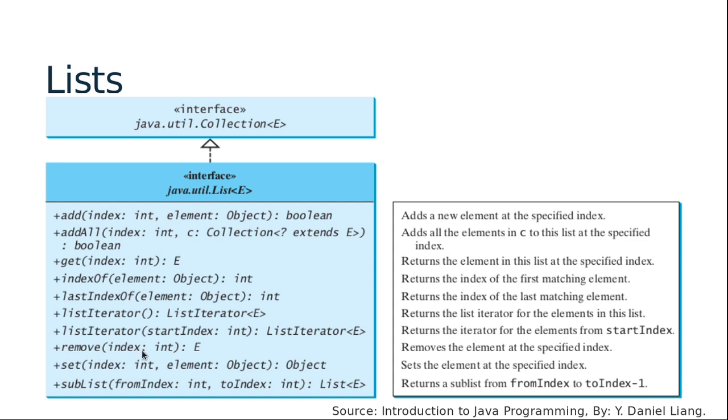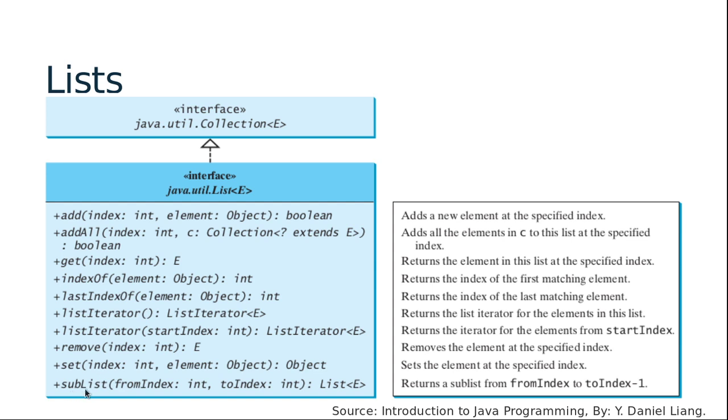It has a remove method if you just want to remove an element at the given index. It also defines a set method, taking an index and the element. It is going to set a particular element at the given index with the new element given here. It is just going to override the older element with this element at the given index.